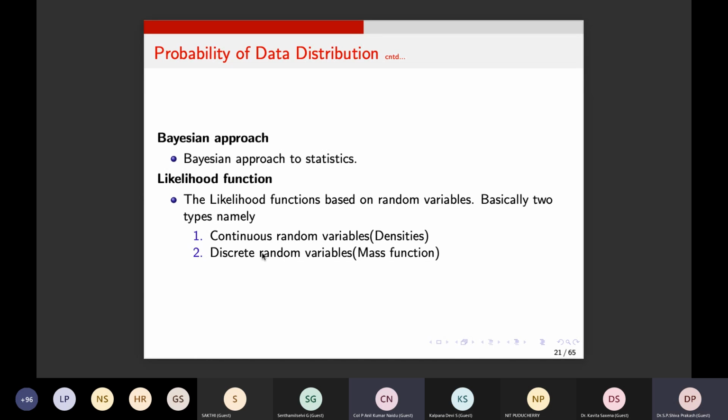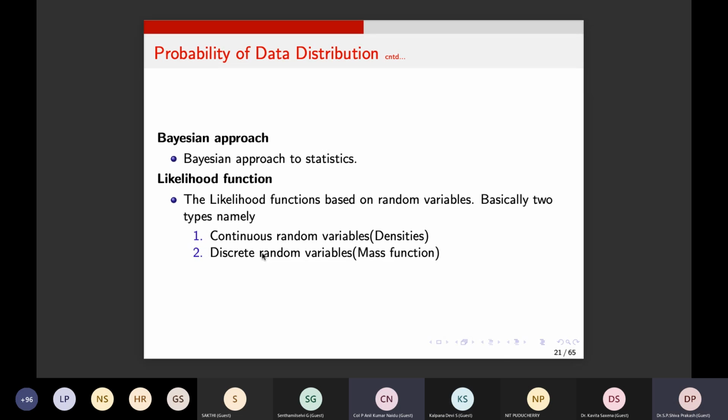Okay, so two types of density functions are probability density functions and cumulative density functions. That's PDF and CDF. The probability density function basically calculates the probability of observing a given value, whereas the cumulative density function basically calculates the probability of an observation which is equal to or less than a value.